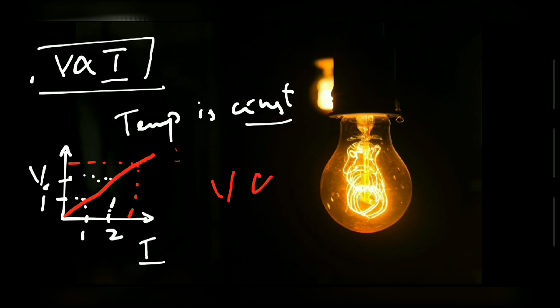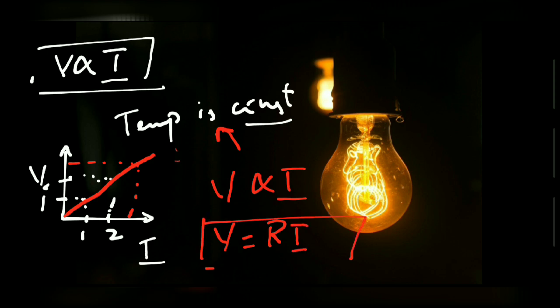So V is directly proportional to I at the given temperature. Now, we all know that to remove the proportionality sign, we need to introduce a constant, right? So I will introduce a constant called R, which is nothing but resistance, the constant of proportionality called resistance.